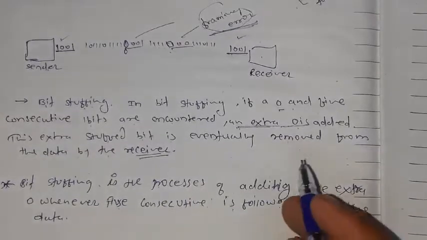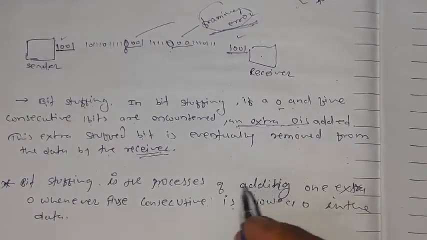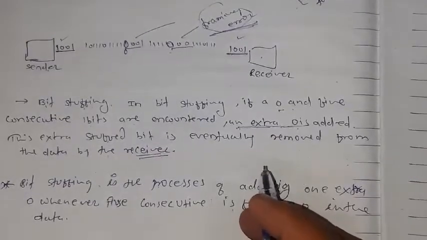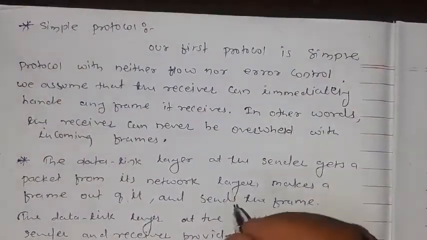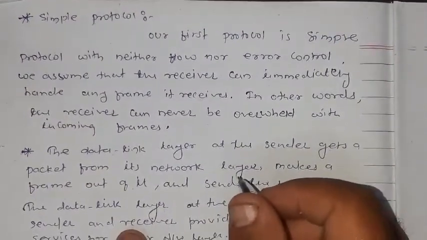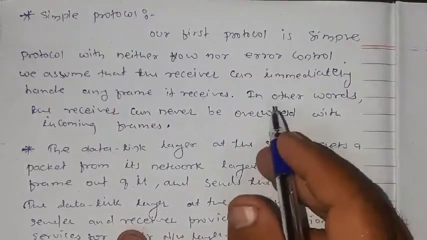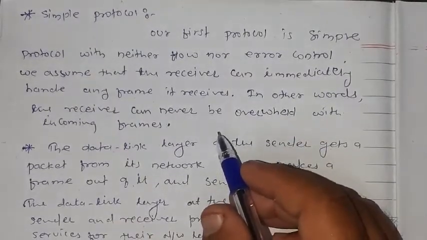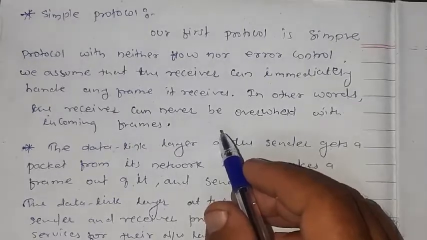So controlling production and consumption. Flow control is nothing but controlling the consumption and production, as we already saw in our previous video when we discussed flow control and error control.